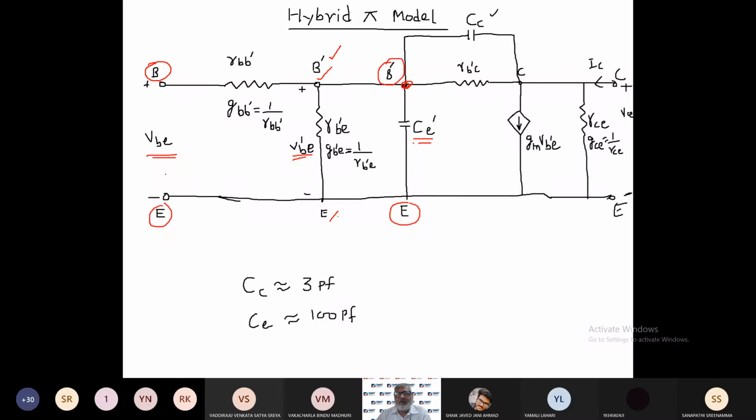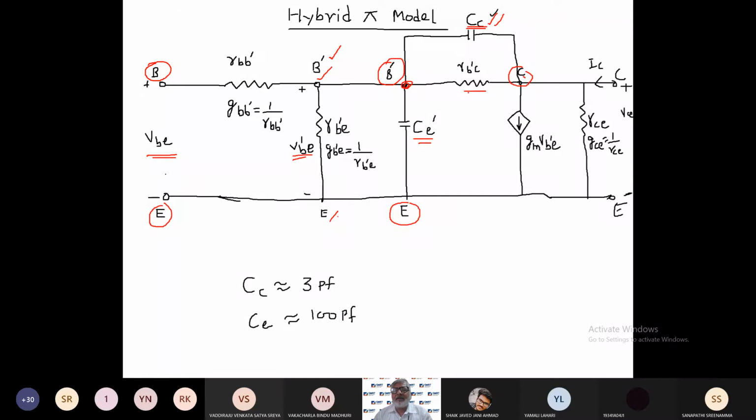So this capacitance is formed between base and emitter, right? Now between virtual point B dash and this C, you can find another capacitor CC. This capacitor is internal capacitor which is formed between the collector and base terminal, right?